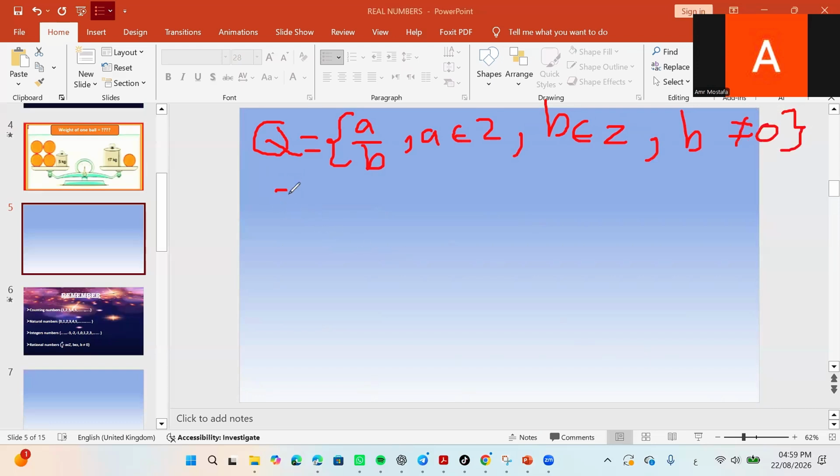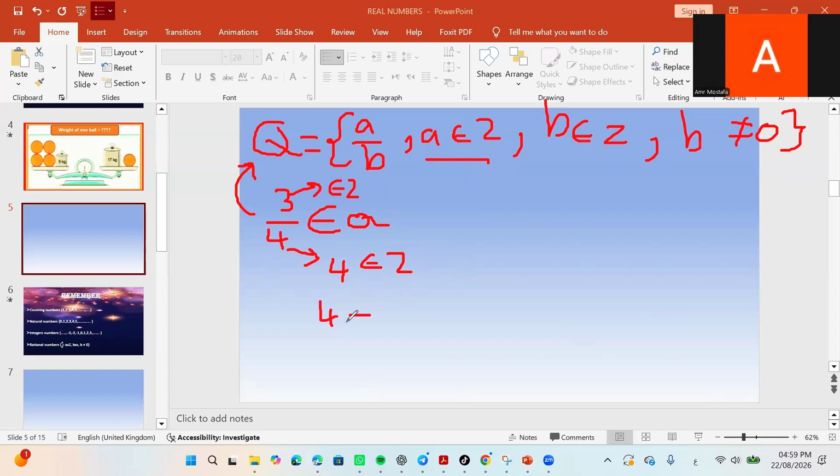For example, 3 over 4 belongs to Q because 3 belongs to Z. This is the first condition. 4 belongs to Z. This is the next condition. And 4 doesn't equal 0.